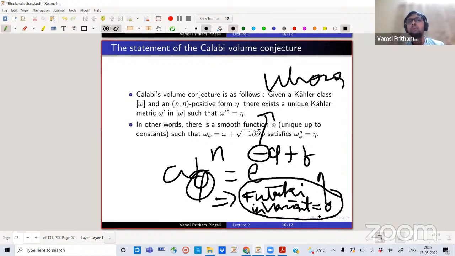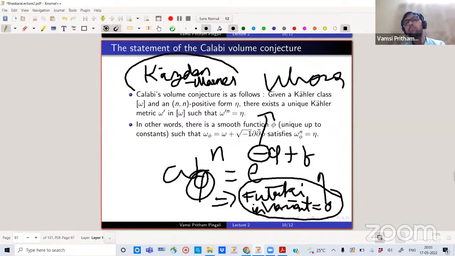That's what goes wrong. If you've ever heard of the Kazdan-Warner equations, these are theorems in Riemannian geometry. The obstructions that arise for them are similar in flavor to what goes wrong when lambda is positive. Some algebraic geometry goes wrong, basically.